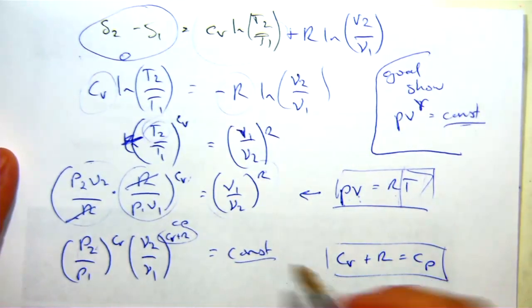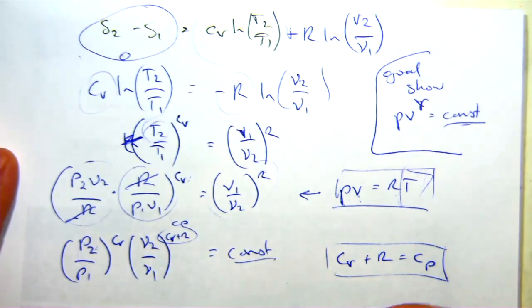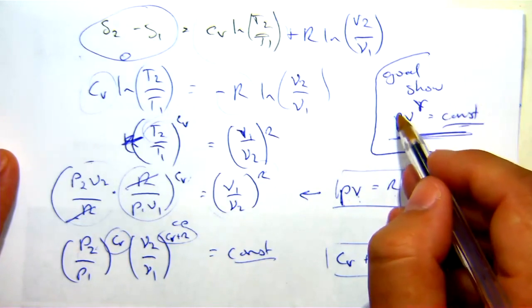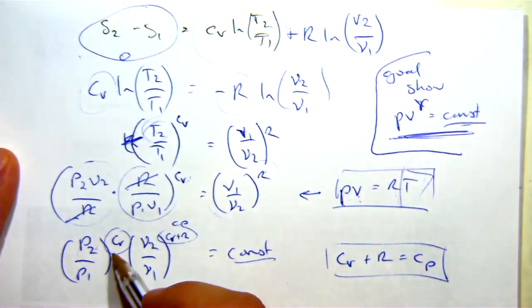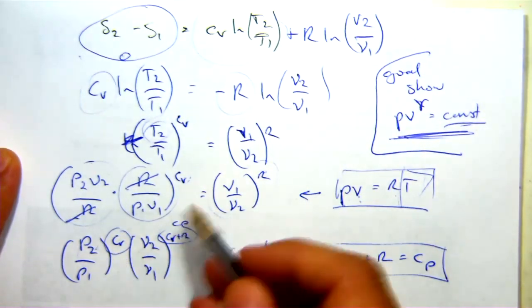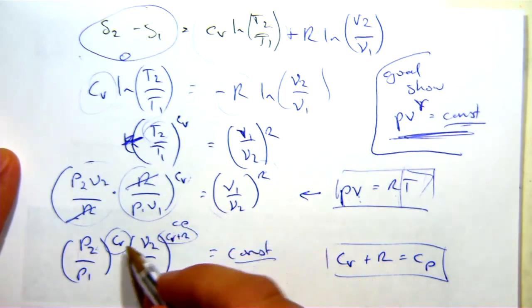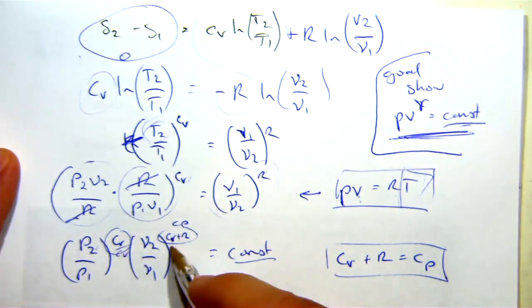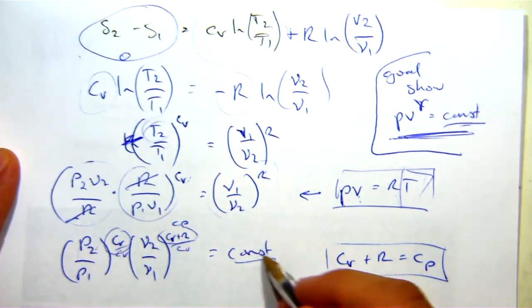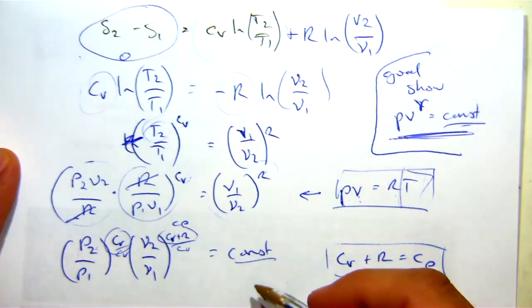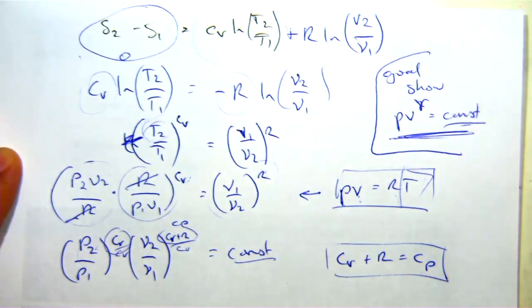So I'm almost there. What I now need to do is get rid of this guy, because this was my goal. I had no exponent on the P. So if I take the CVth root of this, this on CV, this on CV, CP on CV, and do the CVth root of the constant. The CVth root of a constant is still a constant. It's just a different constant.